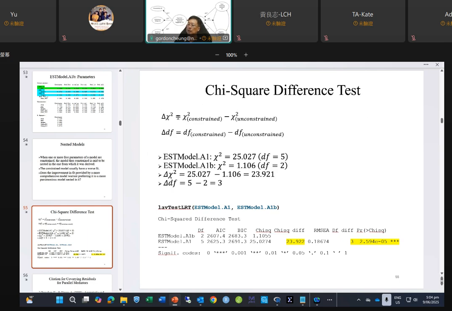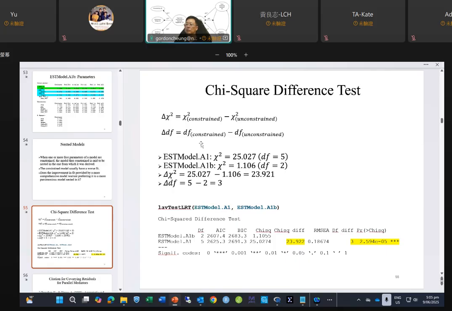So delta chi-square is the chi-square of the constrained model minus the chi-square of the unconstrained model. The constrained model is the model in which we have not estimated the covariance. The unconstrained model is the model in which we have estimated the free covariance among the residuals of the 3 parallel mediators. And then we have a delta degrees of freedom.